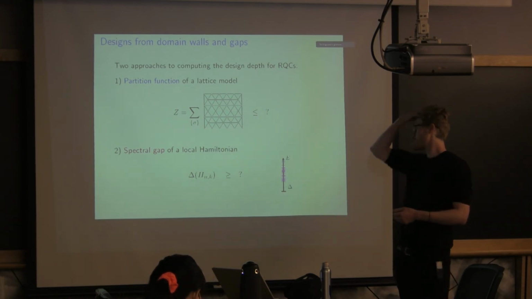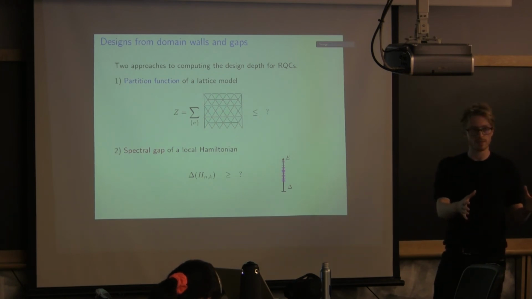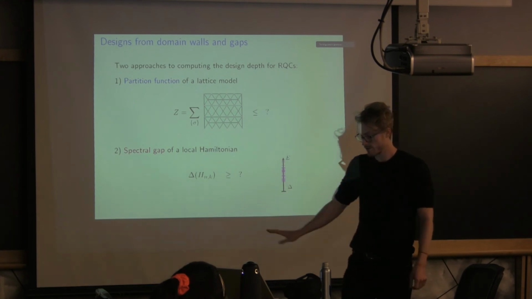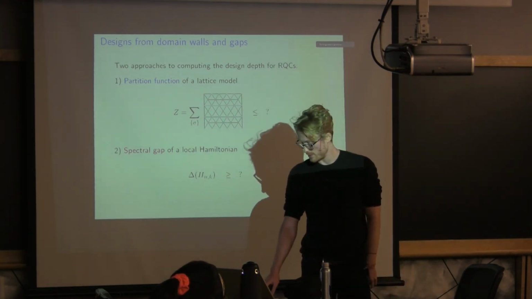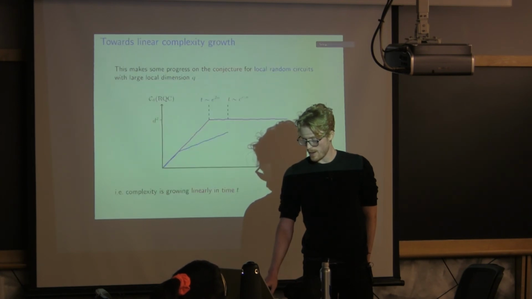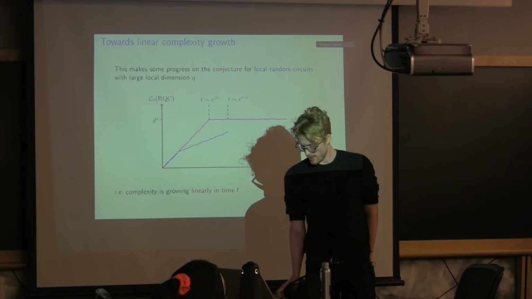The other approach is lower bounding the spectral gap of a Hamiltonian. There's a way to express a different distance to design as a gap of a Hamiltonian, and then you just need to lower bound that gap, and that gives you the time it takes to form a design. So these are very nice ideas involving stat mech and many body physics. I'll mention a little more about gaps in a second.